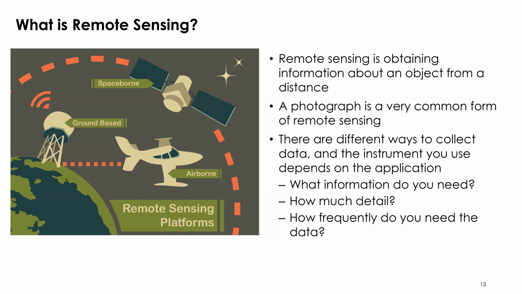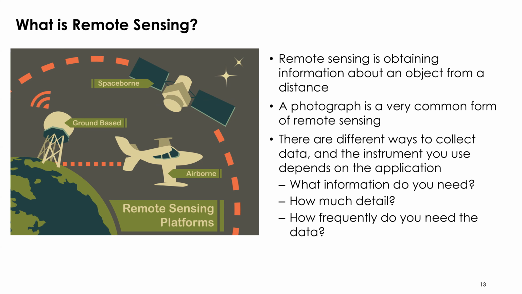So what is remote sensing? I've been talking about remote sensing a lot, satellite imagery, all of that kind of stuff. But remote sensing is pretty straightforward. It really is obtaining information about an object from a distance. So a camera is a way to do remote sensing.